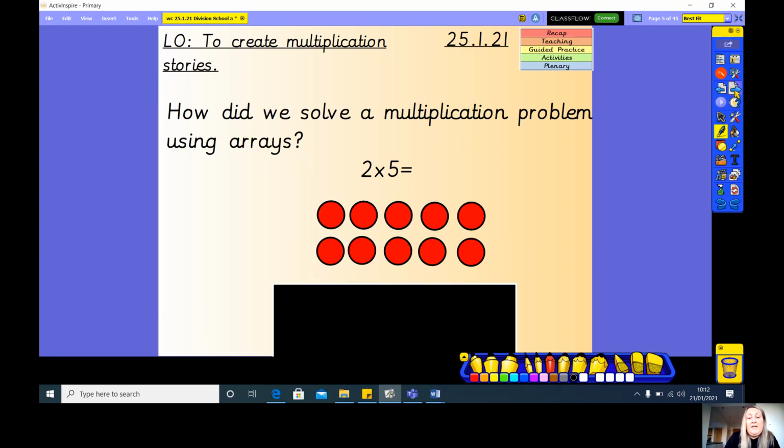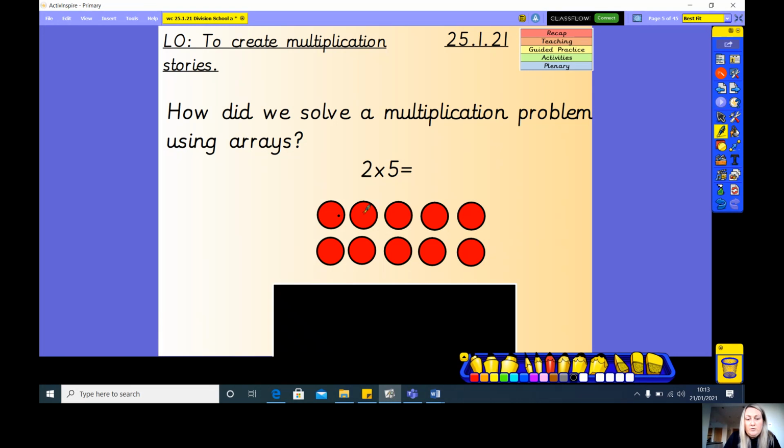So we also looked last week at arrays. Does anybody remember what an array is? That's right, it's when we draw the multiplication sentence out. So in this case, we've got 2 times 5, or 2 lots of 5. And if we were drawing circles, because you can draw anything, you could draw pictures, you could draw lines, but in this case, we're using circles.